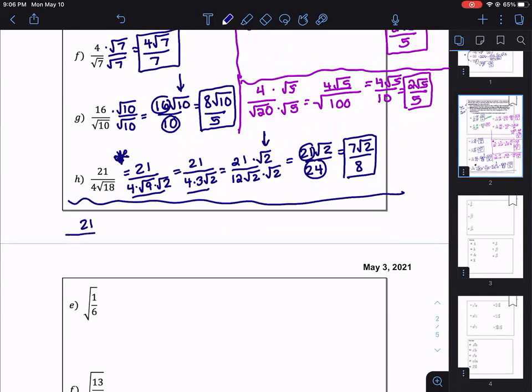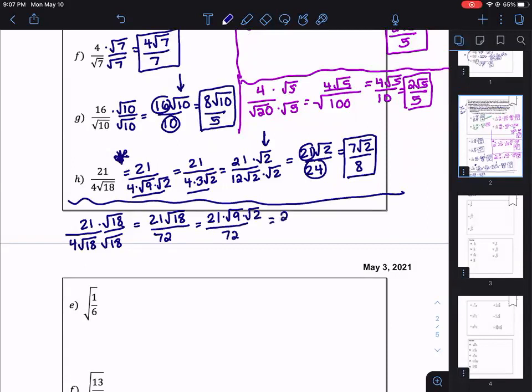Method number 2 would be to rationalize right away. The problem with this method is it sometimes creates some nasty numbers. 4 times 18 would give me 72. I'm going to get 21, and the largest square in 18 would be 9.